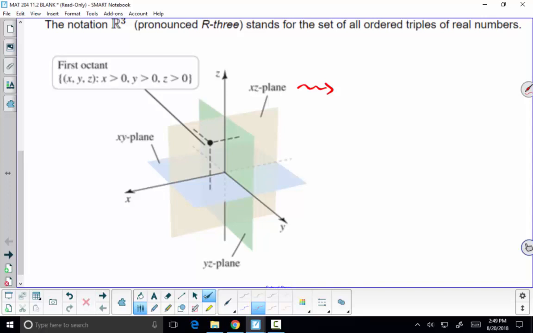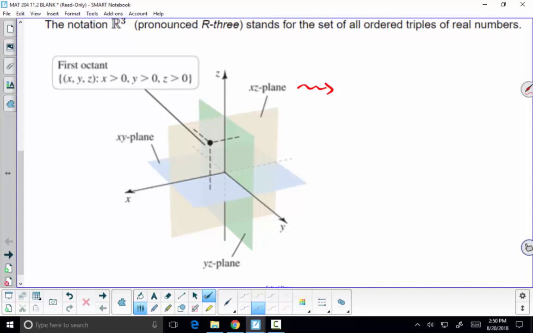When we think about an equation like that, you're defining a relationship between x, y, and z, so it's got to be even simpler than that. Y equals 0. If we're going to have this xz plane, there's no restriction on the x, there's no restriction on the z, but y has to be 0.